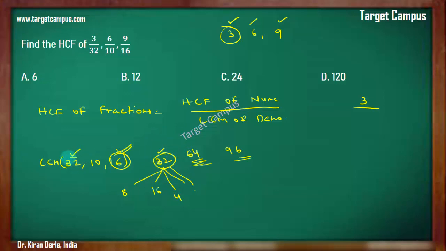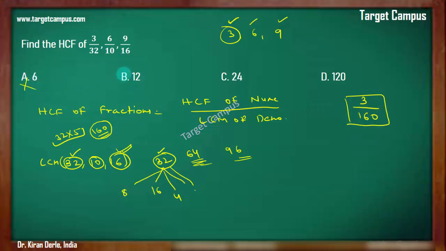So we just have to check now for 32 and 10, because we know all multiples of 32 will always be multiples of 16. Now for 32 and 10, we want the LCM's unit place to be 0. So 32 into 5 will give us 0, right? That is, 32 into 5 is 160. So 160 is the LCM of these denominators, and 3 by 160 will be the HCF, right?